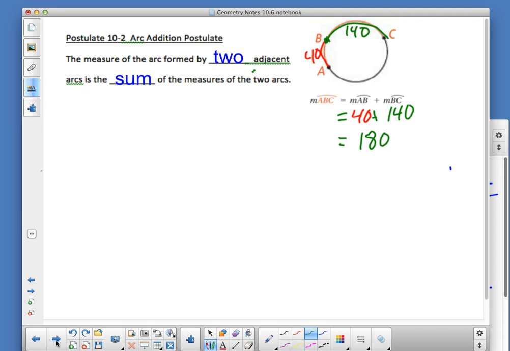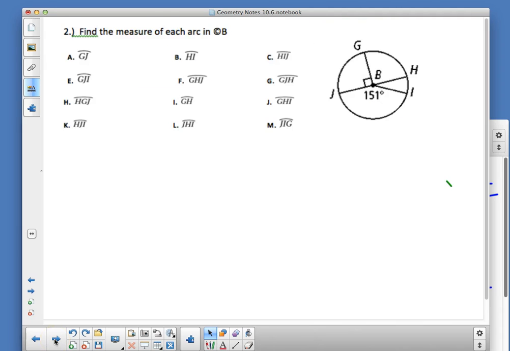All right. So what I want you to do is take this time and come up with these arcs. Now, this has been really tough for folks, so I'm going to slow it down a little bit and watch what we've got. JBH is a straight angle. It's a diameter. That means this arc is 180 degrees.